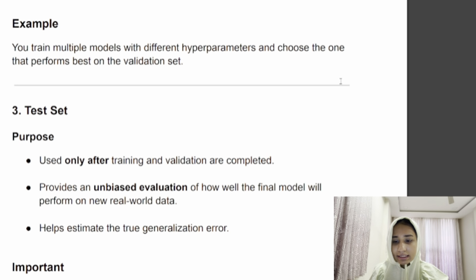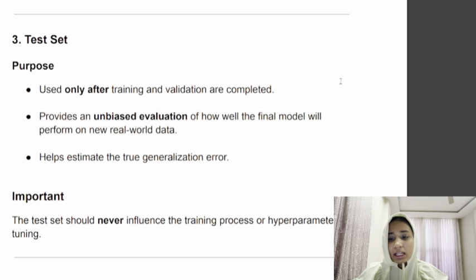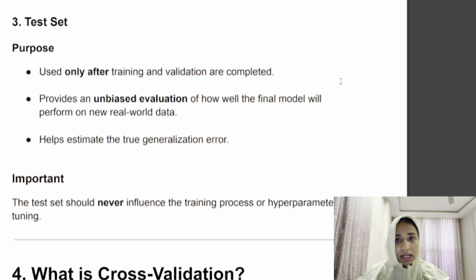Third is the test set. It is used only after training and validation are completed. It provides an unbiased evaluation of how well the final model will perform on real world data.